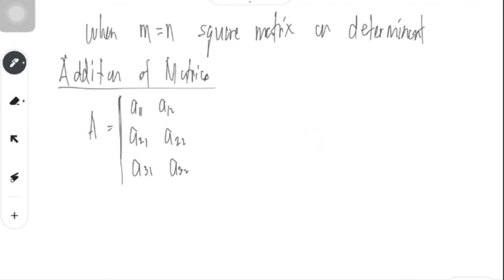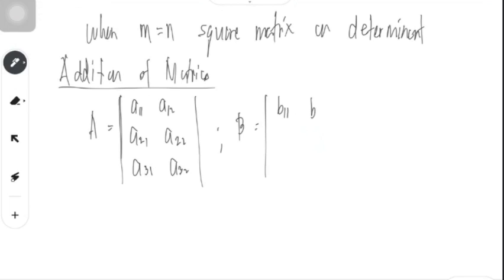Let's say this is matrix A. Then matrix B, we have here B11, B12, B21, B22, B31, B32.